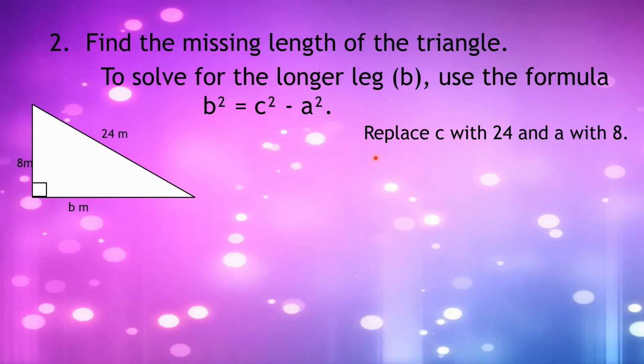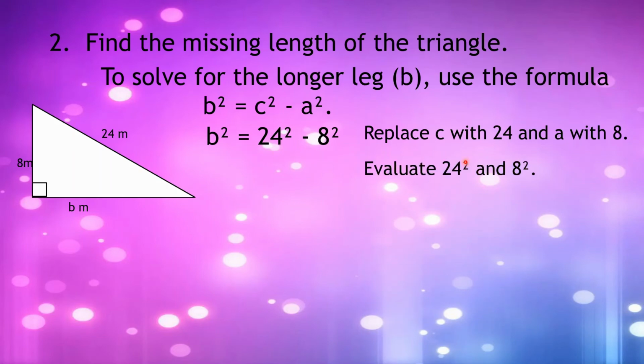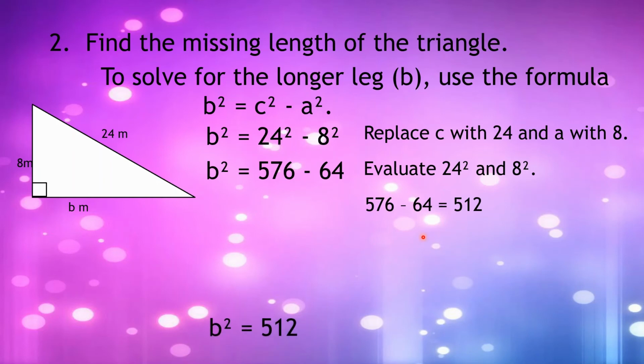So we replace C with 24 and A with 8. Then evaluate: 24 times 24 is 576, then 8 times 8 is 64. Then 576 minus 64 is 512.